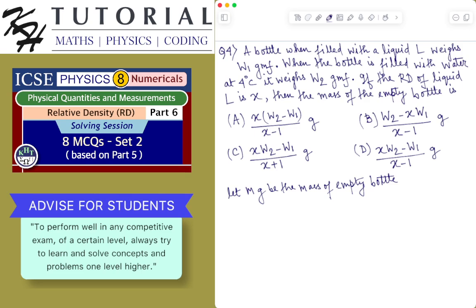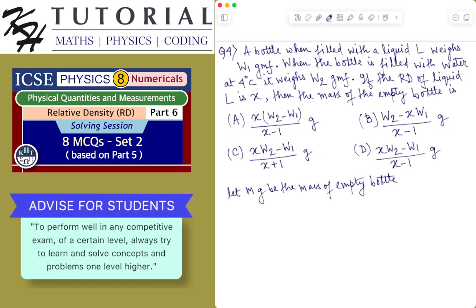So W1 gram is the mass of bottle plus liquid L, where the volume of the liquid L is the capacity of the bottle, and W2 gram is the mass of the empty bottle plus water at 4 degrees centigrade, and here also the volume of the water is the capacity of the bottle.